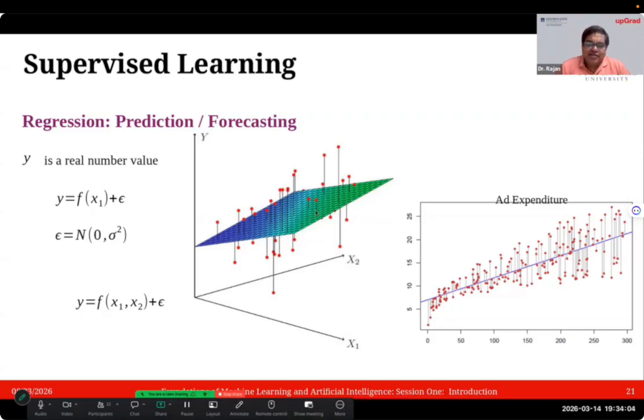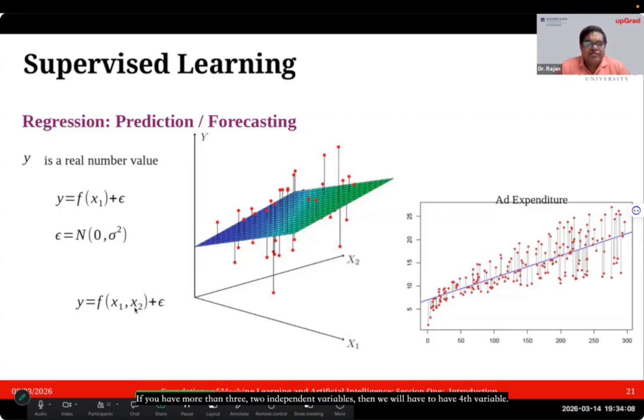If we have more than two independent variables, then we'll have a four-dimensional space. If you can imagine, Muhammad Niaz was talking about astrophysics, because these are observations of stars and galaxies.